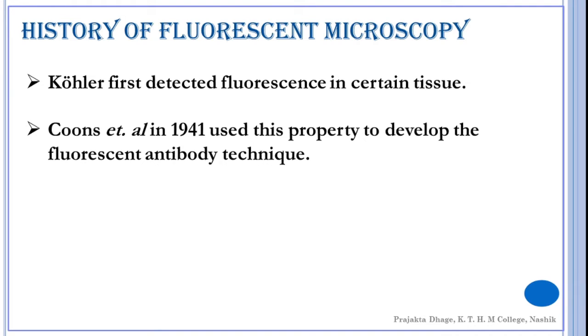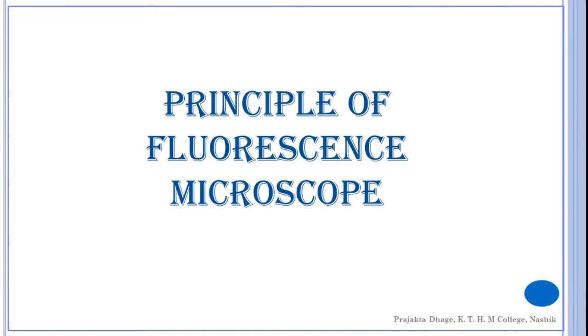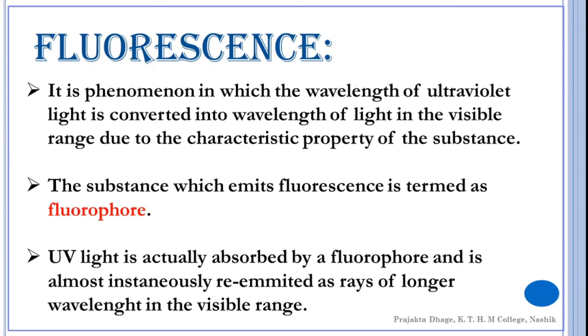Now we will move on to the principle of fluorescence microscope. Fluorescence is defined as the phenomenon in which the wavelength of ultraviolet light is converted into a wavelength of light in the visible range. The substance which emits fluorescence is referred to as fluorophore.